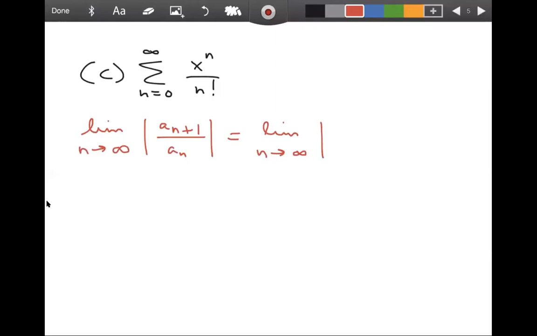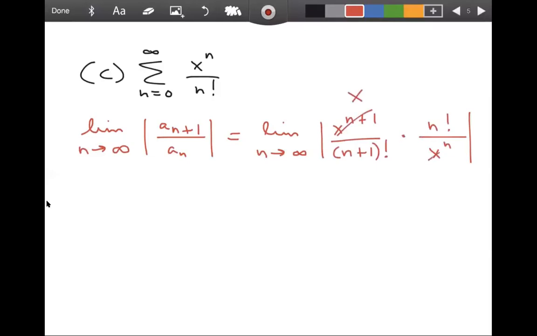Okay, so a sub n plus 1 is going to be x to the power n plus 1 over n plus 1 factorial times the reciprocal of a sub n, which is n factorial over x to the n. X to the n plus 1 divided by x to the n is x.